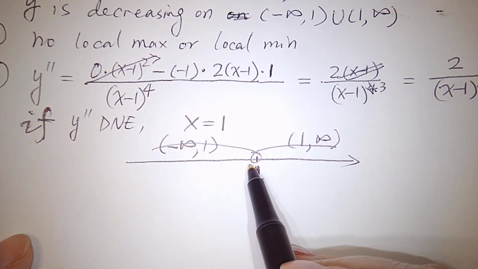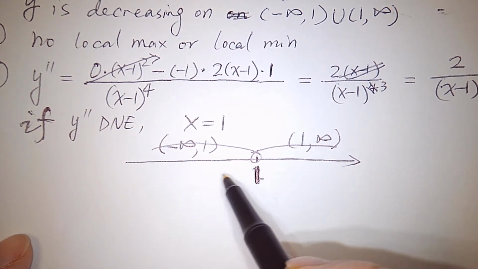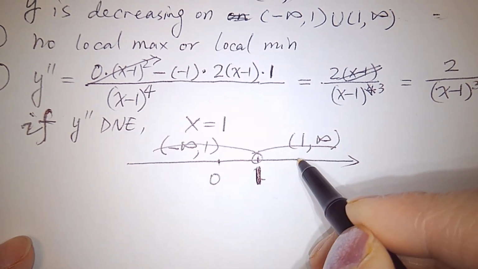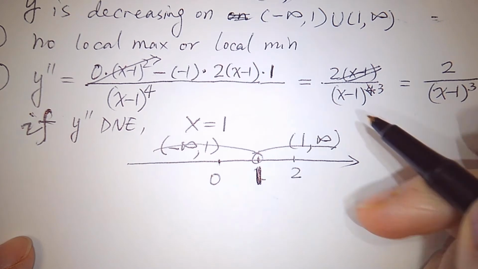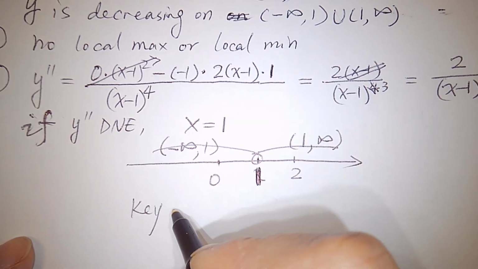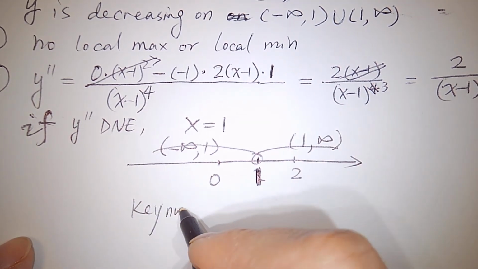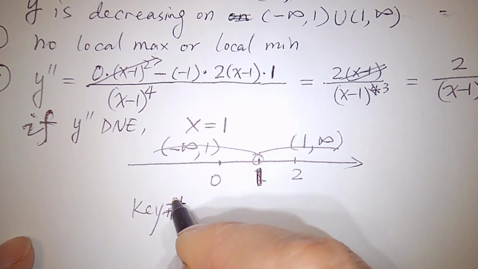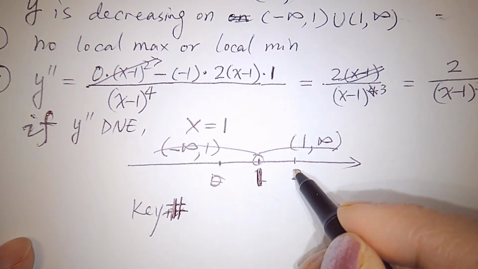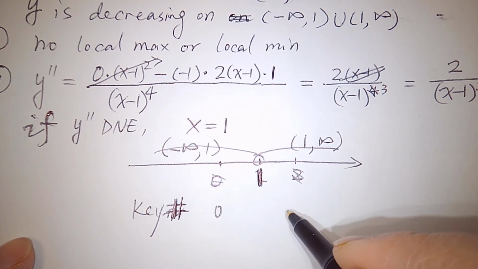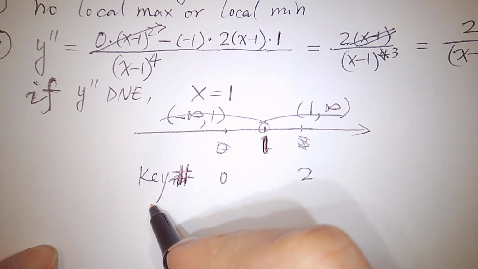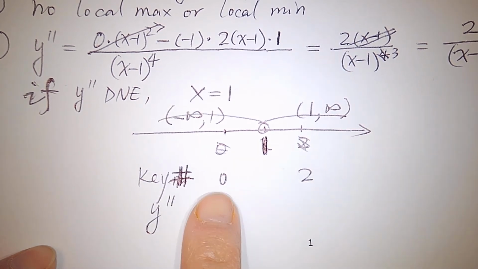What key point do you want to choose on this interval? 0, right? And on this interval? 2, okay? So the key numbers are 0 and 2.